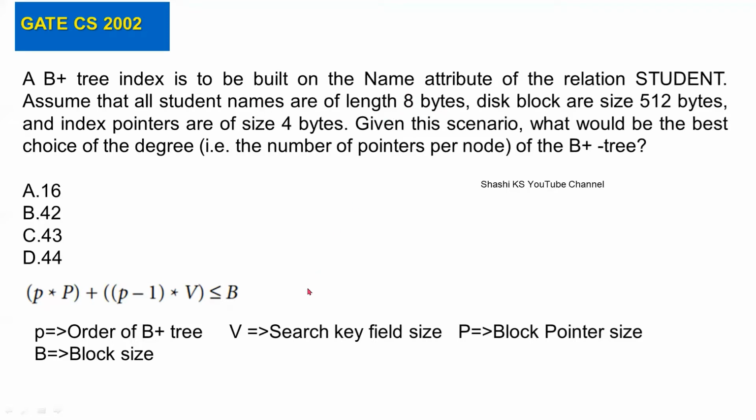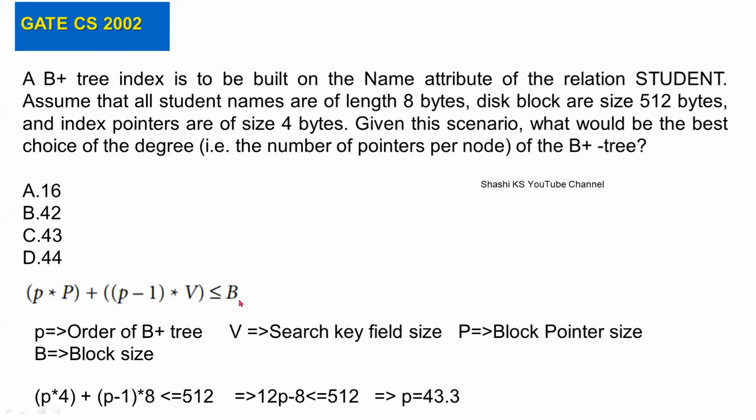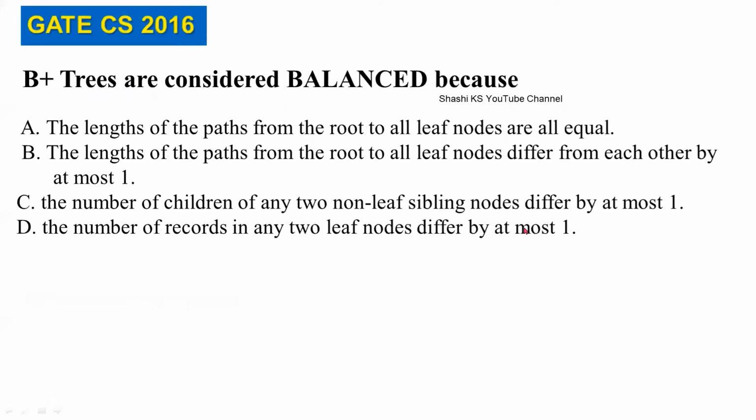Okay, search key field size is 8 and the block size is 512 and index pointers are of size 4 bytes. Okay, so capital P value, which is block pointer size value, is 4 here. So accordingly, when we substitute it in the formula, we'd be getting P is equal to 43.3. So it is an equality equation. So P is equal to 43. Option C is the right answer for this question.